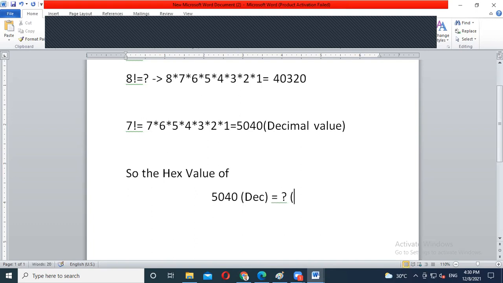Hexadecimal. How much is it? It is nothing but 13B0.